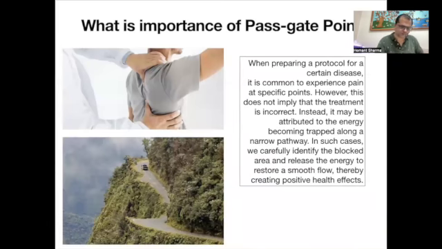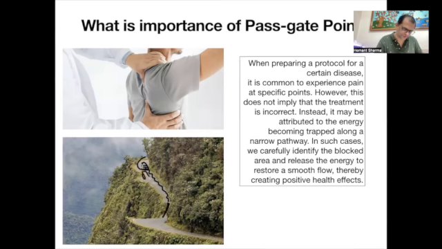So we can see here, this is the road and one car is moving on this road. And suddenly maybe another car is also moving on the same road. And here is a very narrow path.